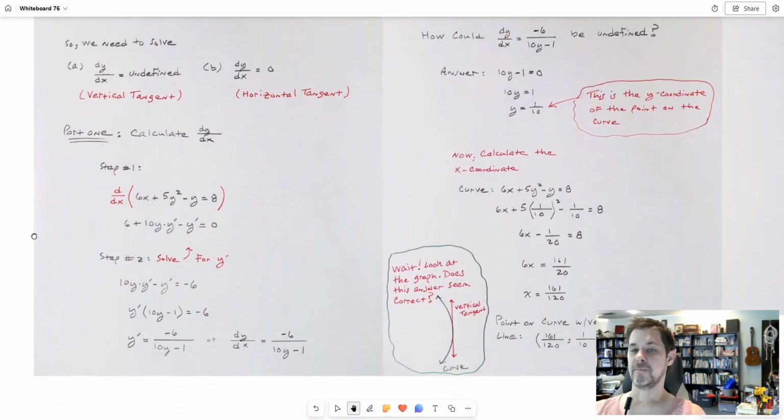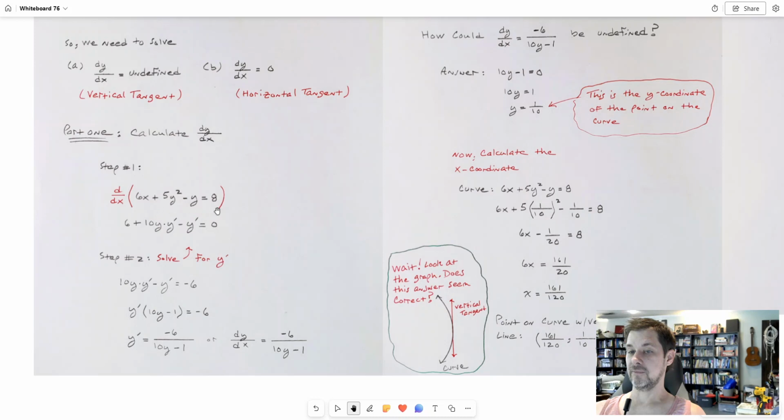Now, this is called implicit differentiation. It's how we find the derivative if we're given an equation that is not solved explicitly for y and doesn't give us y as an explicit function of x. Here the variables are mixed together. So I take the derivative with respect to x with whatever rules apply, like the quotient rule or the product rule, though not in this case.